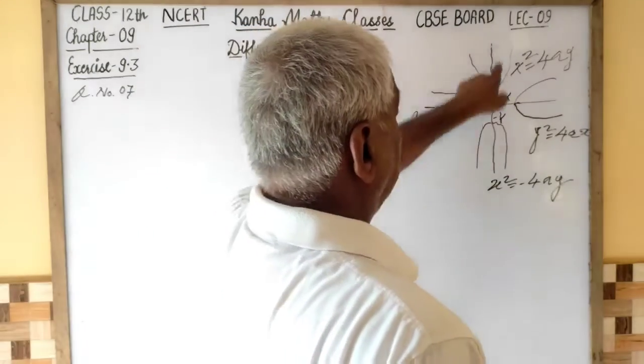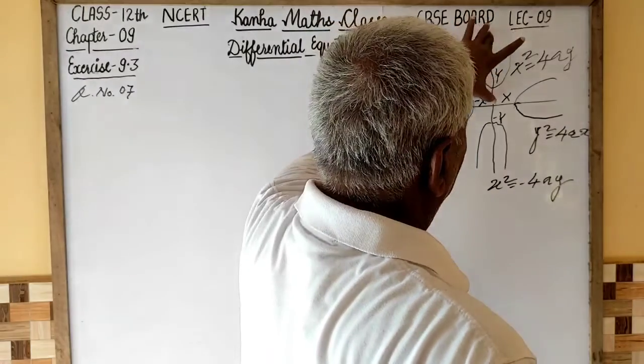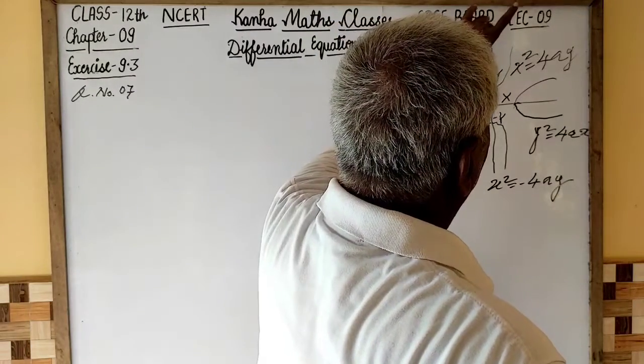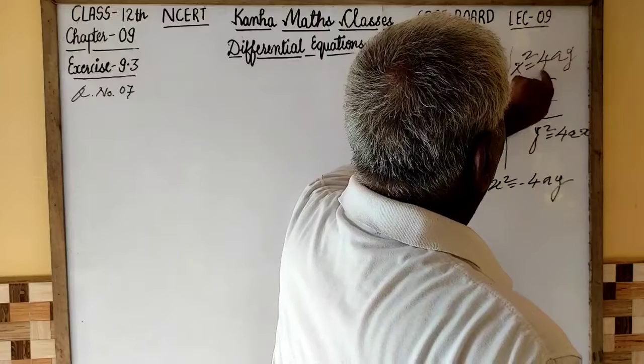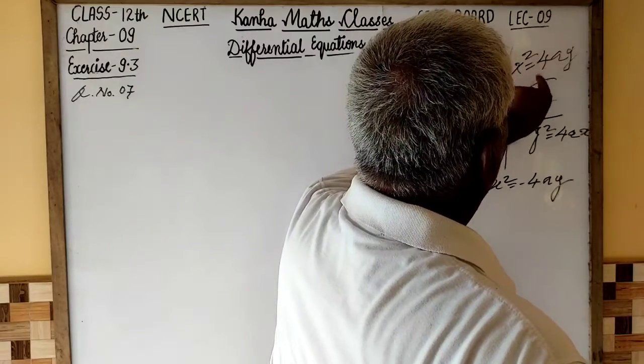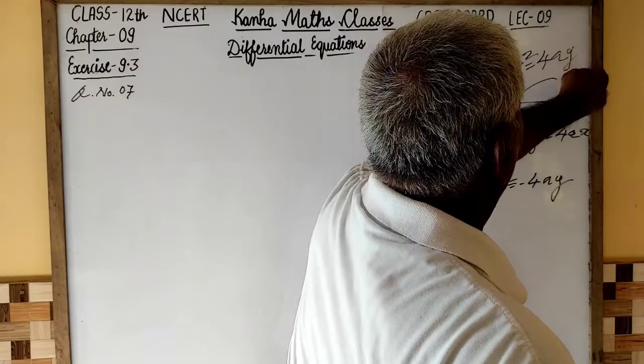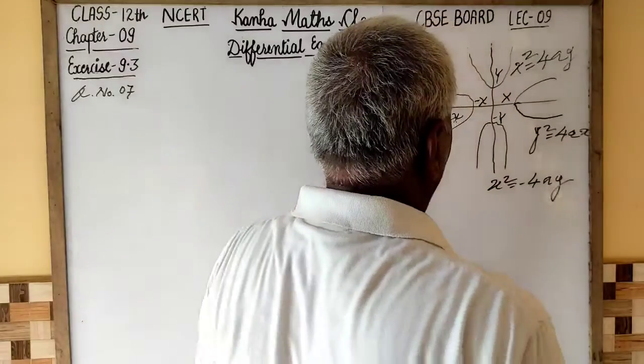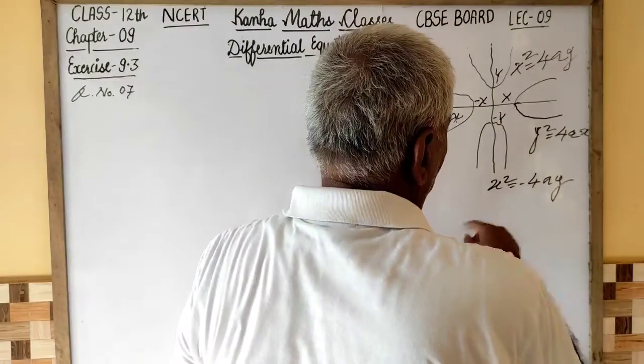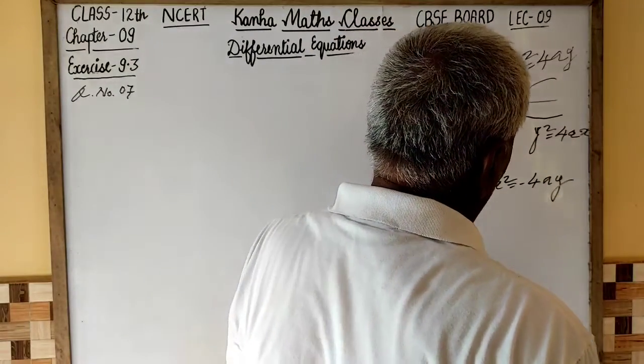With axis along the positive y-axis, the equation of parabola will be x square is equal to 4ay, and along minus y-axis it will be x square is equal to minus 4ay.